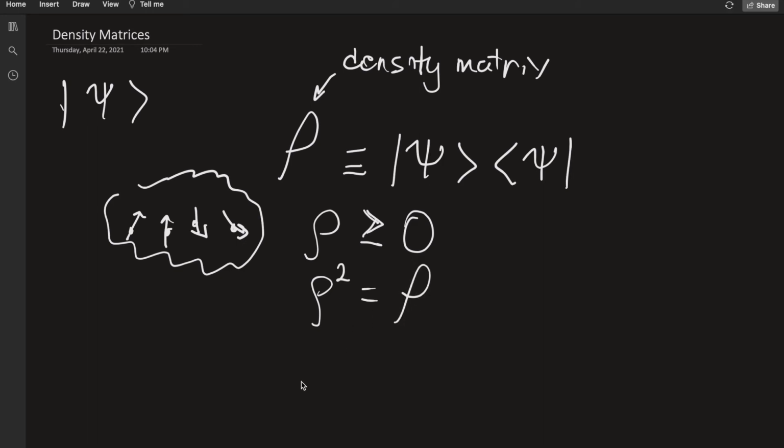Probabilities are always from 0 to 1. So how can you diminish the probability? You cannot diminish the probability. You can keep the probability the same. That's the way you have to think about it.